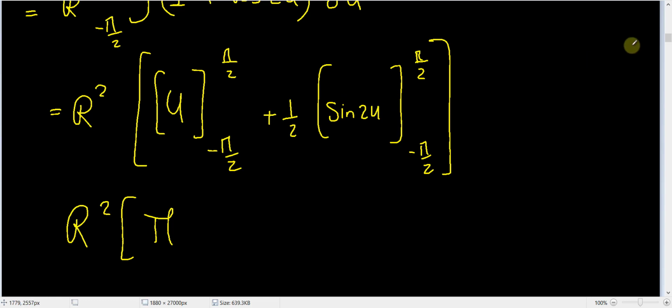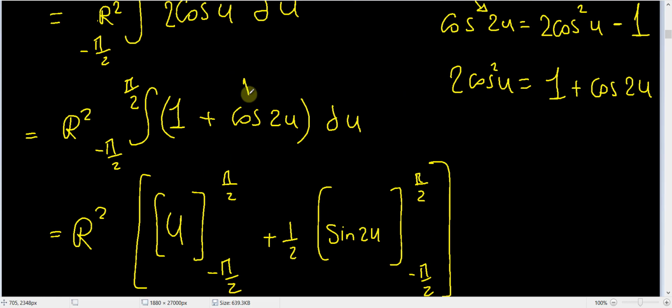And another way to see why this is equal to 0 is to look at this cosine 2u. So if I have u extending from negative pi over 2 to pi over 2, then 2u will extend from negative pi to pi. So I have some cosine function extending from negative pi to pi, and clearly you see that the area under this curve is equal to 0 because an area in the upside direction is a positive area while this is a negative area, so those will cancel each other.